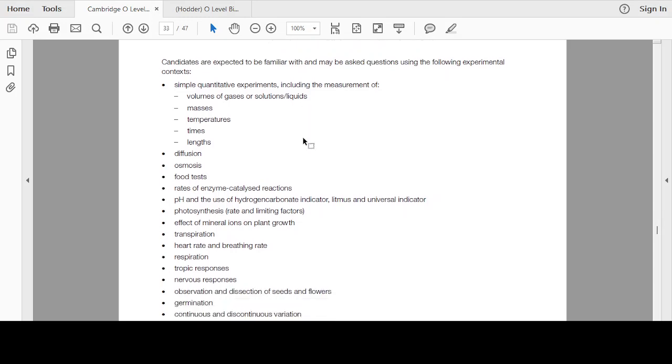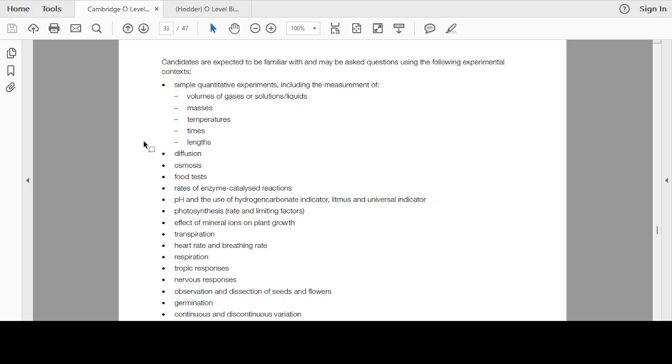And this is the part which seems very long, but you need to at least know that this is something you have, and also make good use of it. So candidates are expected to be familiar with and may be asked questions using the following experimental contexts. Simple quantitative experiments, including measurement of volumes of gases, masses, temperatures, lengths, times.